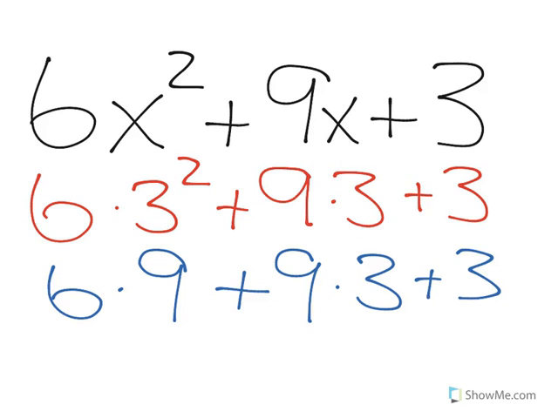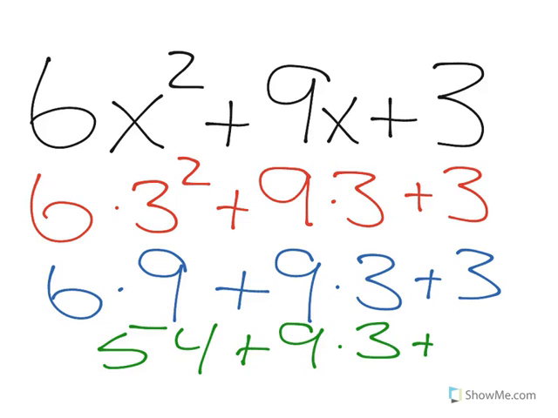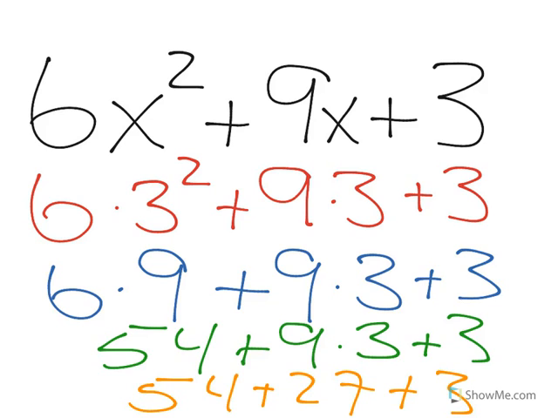Since I did my exponents, now I'm going to multiply, which is my next step, which 6 times 9 is 54. My next step, again, I'm going to multiply 9 times 3, so 9 times 3 is 27. I'm going to have to go to the next page here, but when I do this, I get 54 plus 27 plus 3.